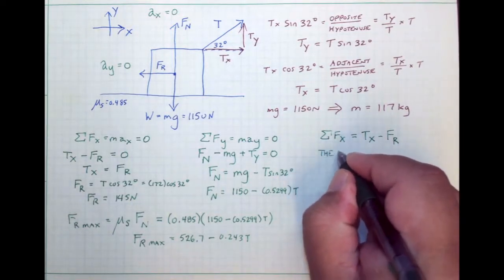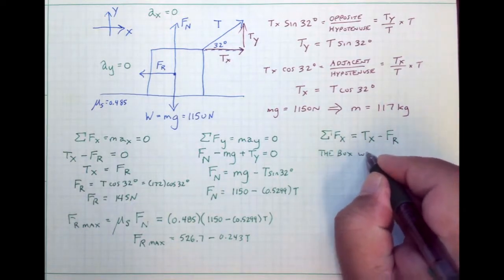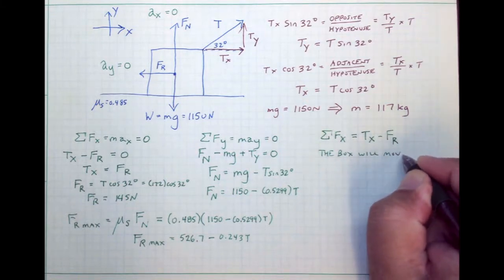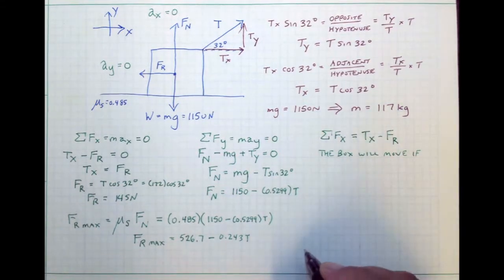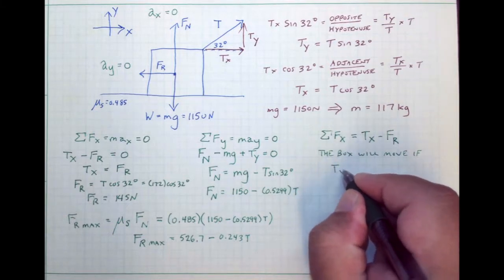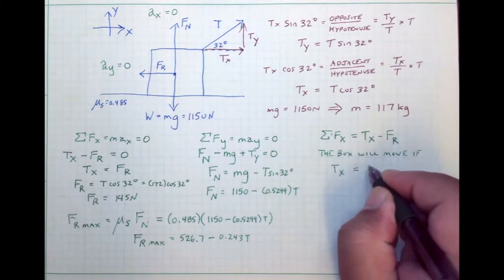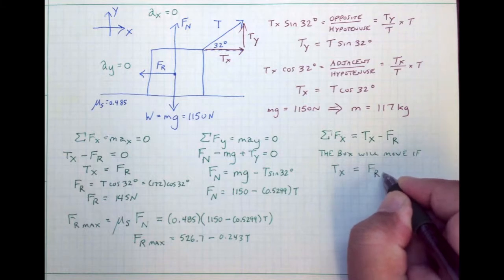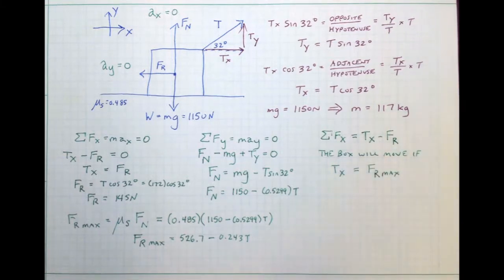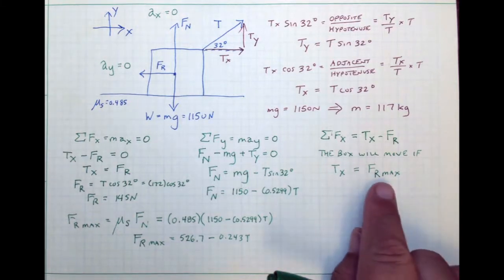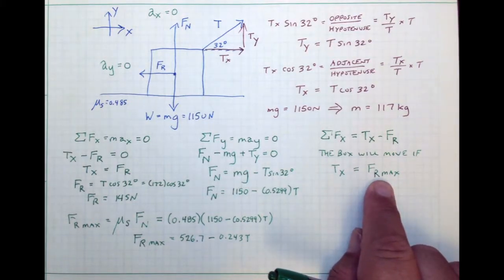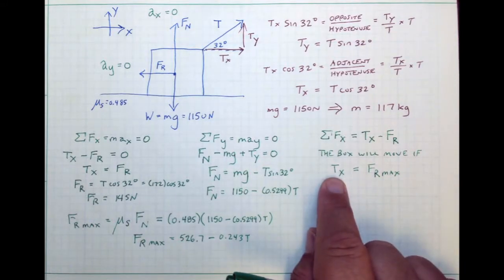The box will move if that x component of the tension equals the maximum value for the static friction force. That maximum value for the static friction force represents the amount of horizontal force that will move the box.